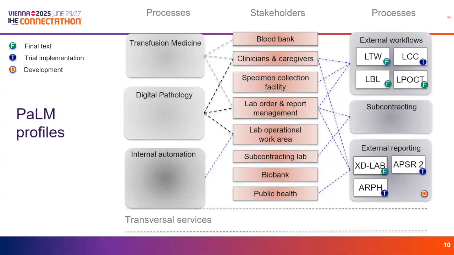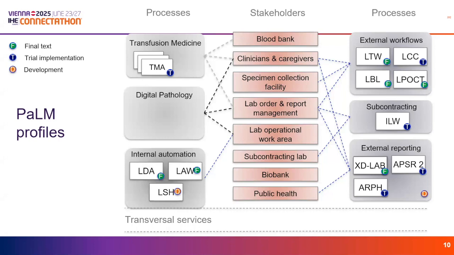For external workflows, we have subcontracting between labs, which is the interlaboratory workflow. We've got transfusion medicine. So far, we've got the reporting of the administration, but we're planning on working on the ordering and dispensing of the blood products. We have internal automation, the analyzer workflow, which is LAW, both of them are final text.